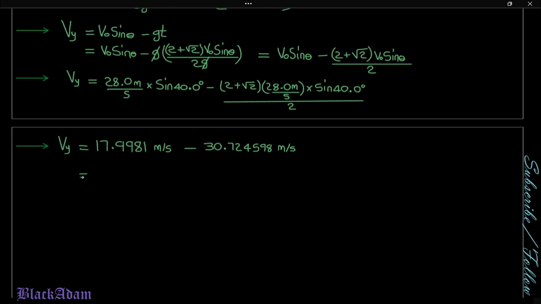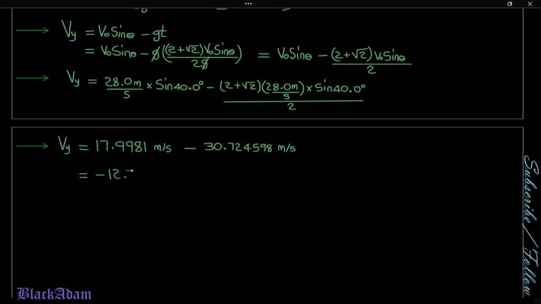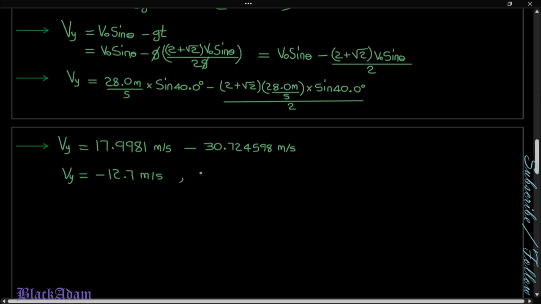Now we simplify further: 17.991 minus 30.72 gives us negative 12.7 meter per second. That's the vertical component.